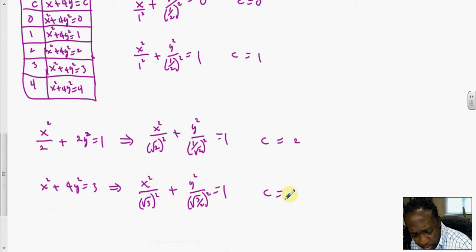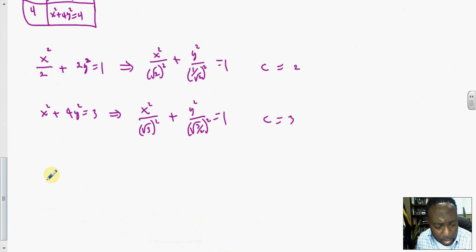And this is for c equal to 3. We check that. This is x squared divided by 3, and this is y squared divided by 3 over 4, which becomes in simplified form 4y squared divided by 3.